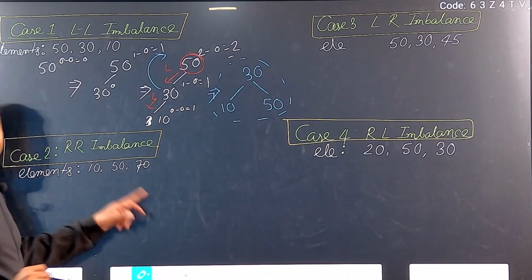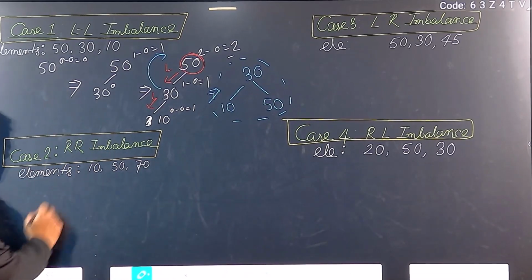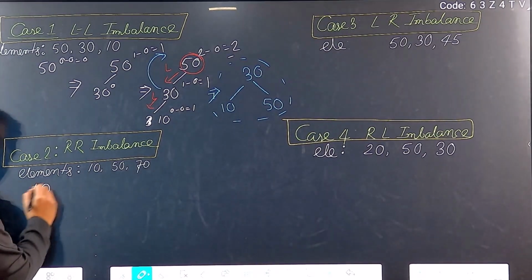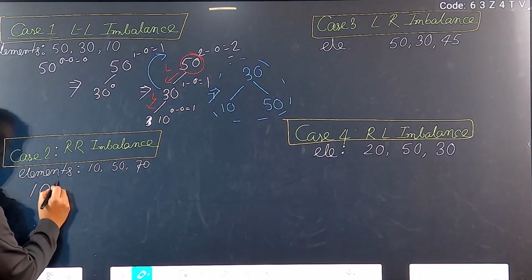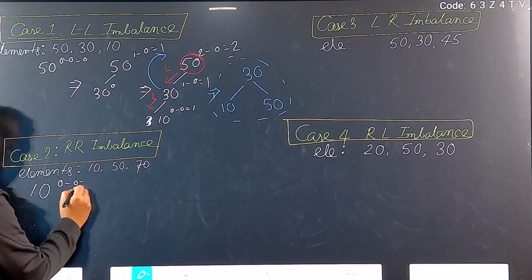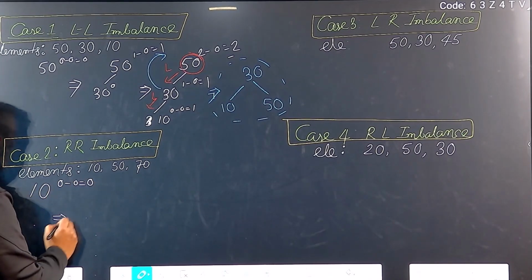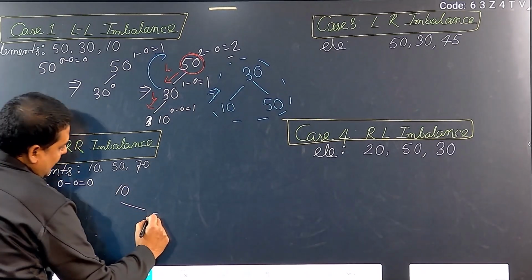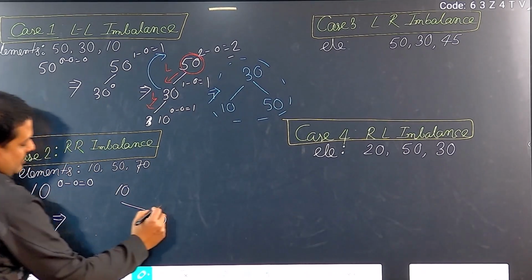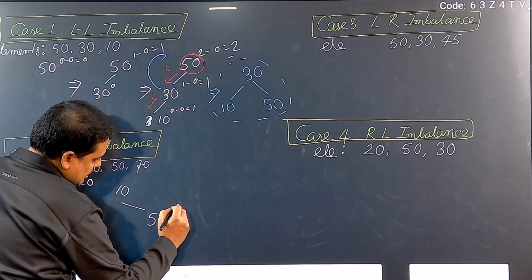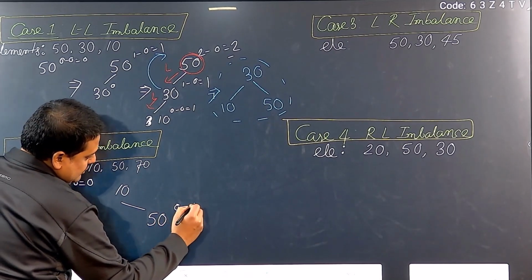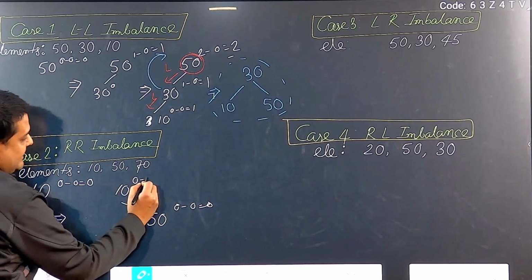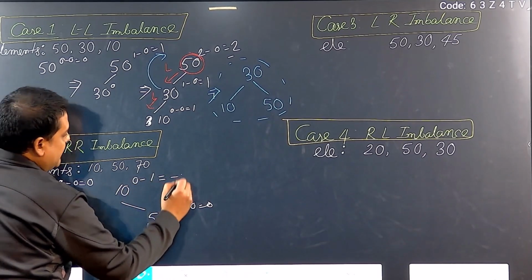For right imbalance, have a look at the example. The first element we are going to insert is 10. What is the balance factor for 10? 0 minus 0, this is 0, no problem. Next, 10 is there, and we are going to insert 50. So, 50 is here. For 50 this is 0 minus 0, which is 0. For 10, the left side is 0, the right side is 1, so 0 minus 1 is minus 1.